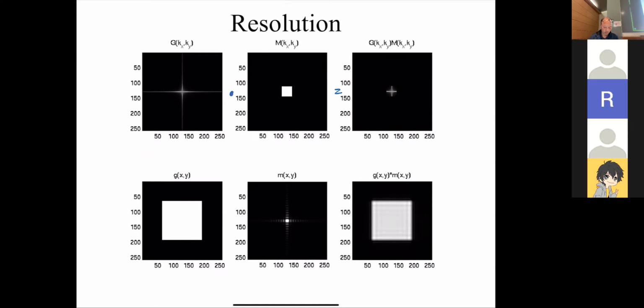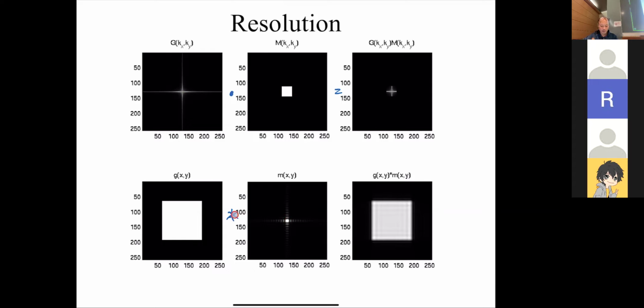Therefore, in the Fourier transform, I have to convolve this with the inverse transform of the window, which is just going to be a sinc function. Notice this sinc function is wider than the original one, because this narrower rect function gives me a fatter sinc function. Convolving this is related to your first MATLAB homework where you convolved the cross with Gaussians, and you saw that it blurred it.